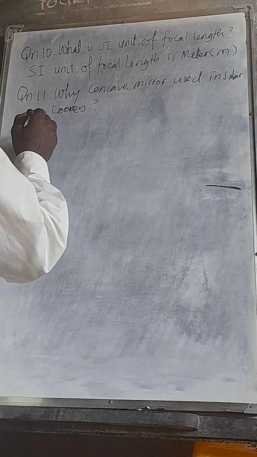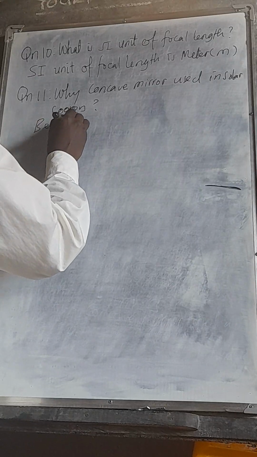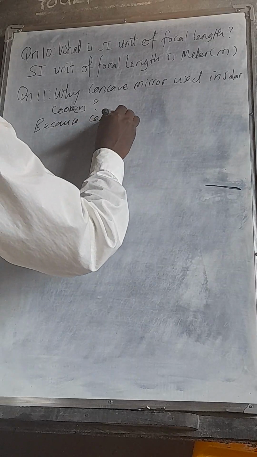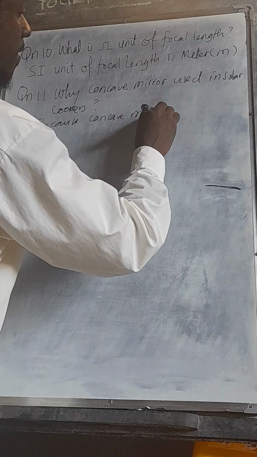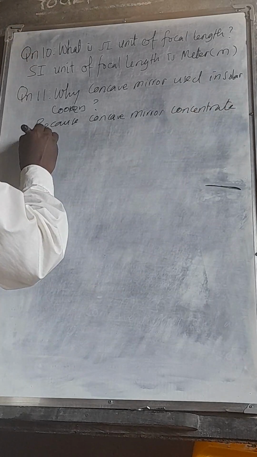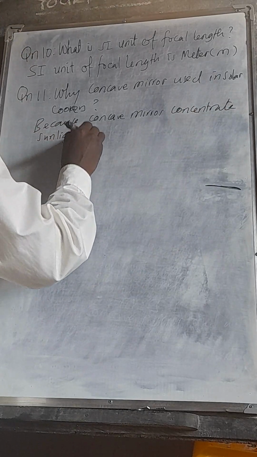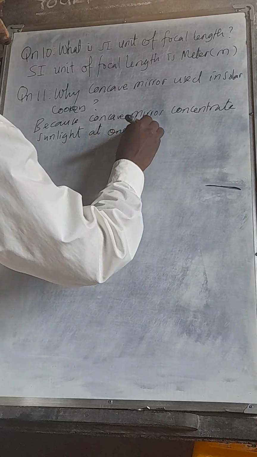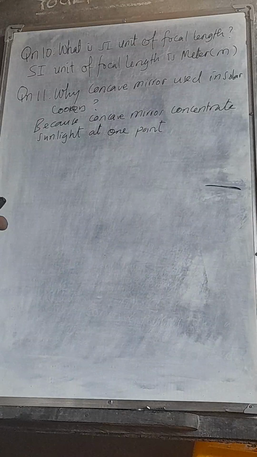Normally, a concave mirror concentrates sunlight at one point, so it provides enough solar energy.